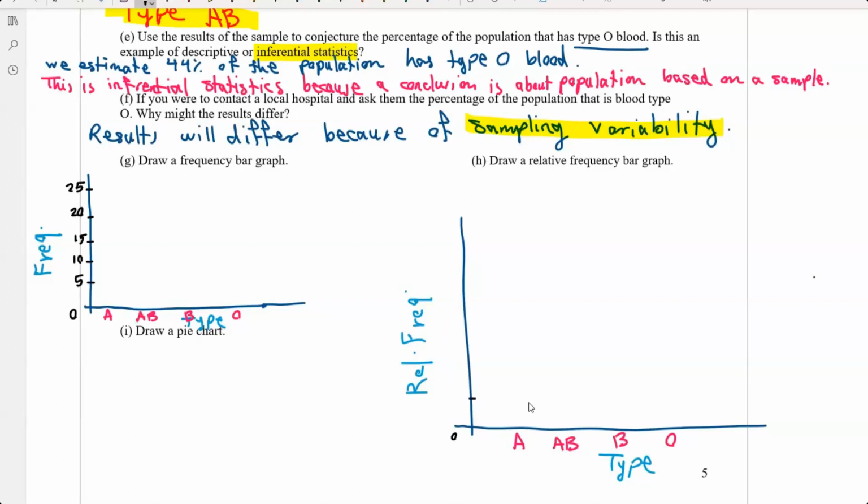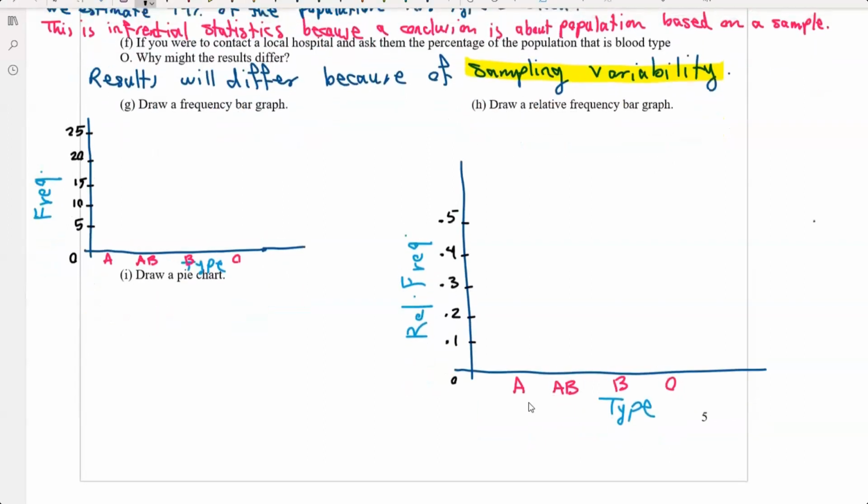Same thing as for the sport, we have 0.10, 0.20, 0.40, and 0.50. So this graph is for blood types. Same thing here.